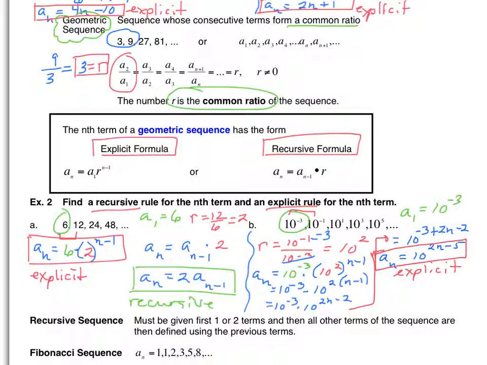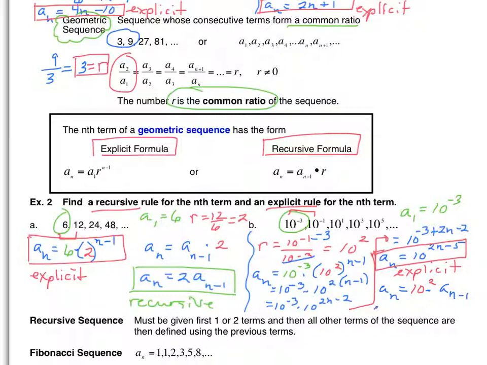All right, the recursive is much easier. Are you okay if I take the r and put it immediately in front of the a sub n minus 1? All right, so on the recursive, we've got a sub n is equal to 10 squared times a sub n minus 1. MathXL will probably not accept that as an answer because you can actually raise 10 to the second power.